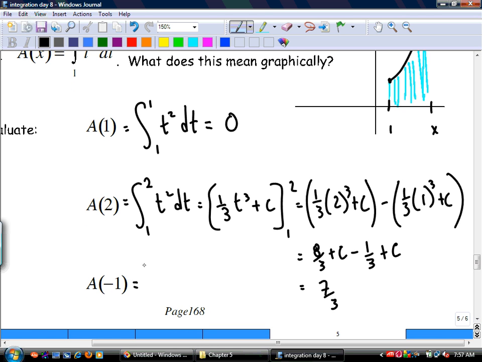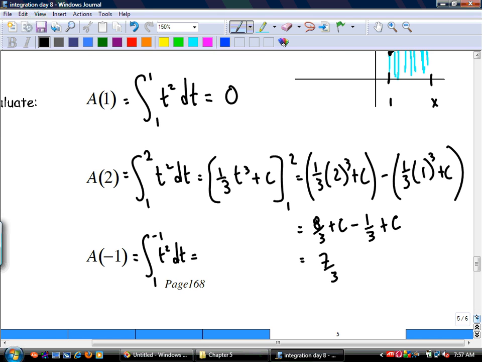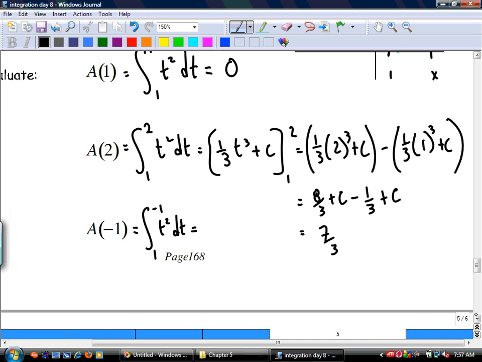A of -1. Well, the nice thing is you can skip. You don't have to skip steps, but you definitely know what the next step's going to be. What I would just do is the antiderivative between -1 and 1 of negative t squared dt.